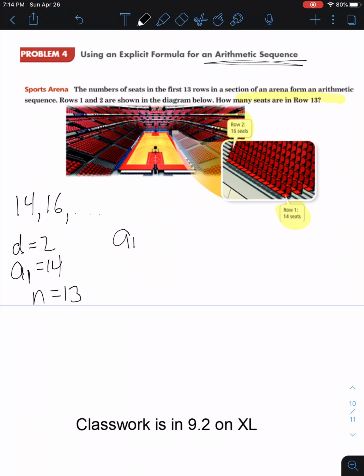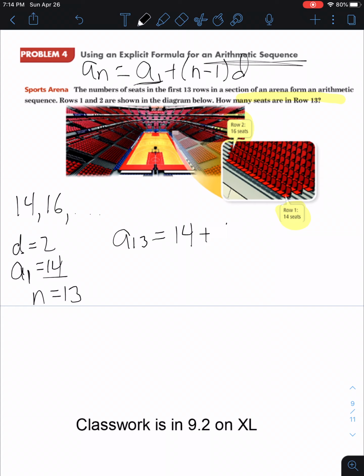We're going to take the 13th term is equal to the first term. Remember, we're going to use the same formula: A sub n equals a sub 1 plus n minus 1 times d. The first term, a sub 1, is 14, plus n minus 1. That would be 13 minus 1 times the common difference, which we called 2. 13 minus 1 is 12. 12 times 2 gives us 24.